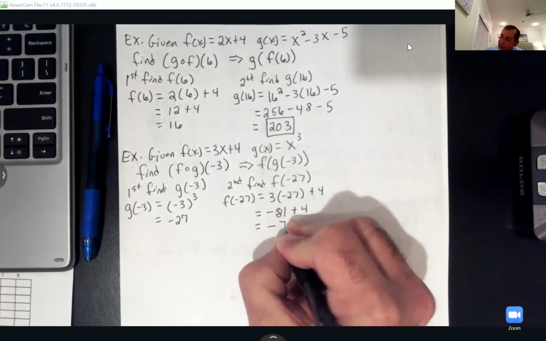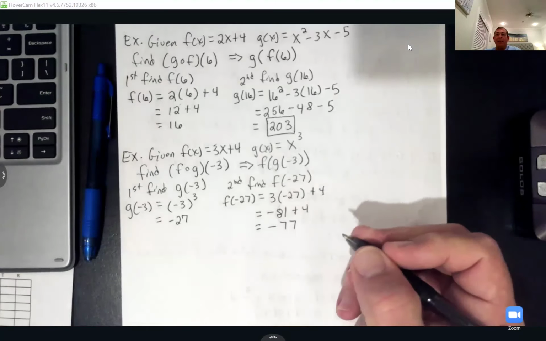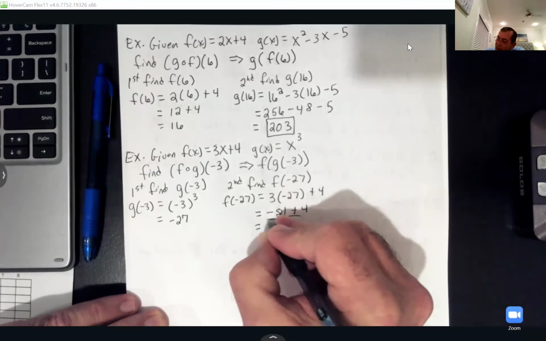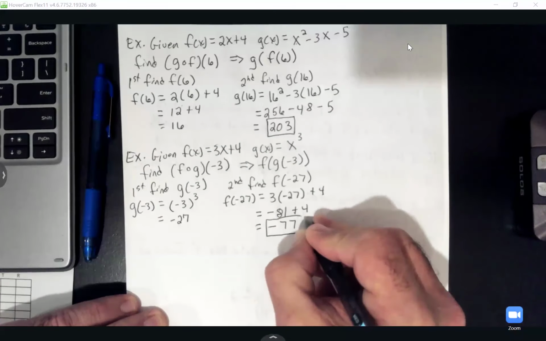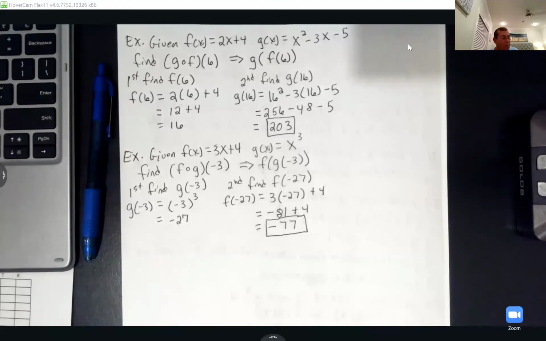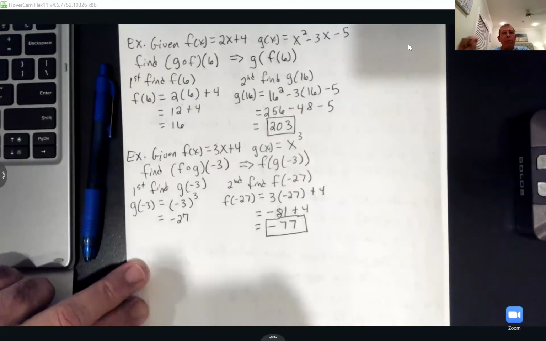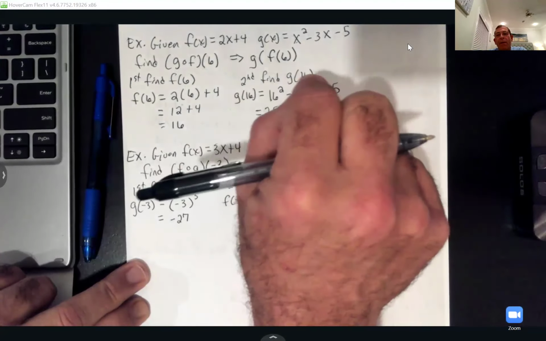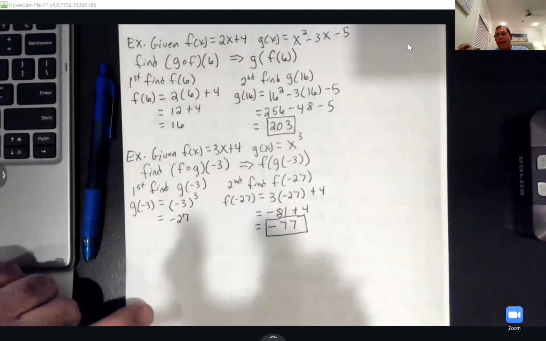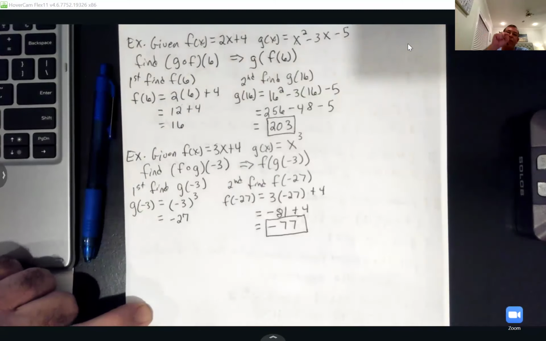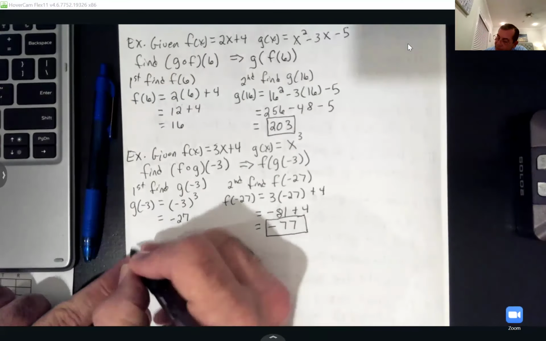A negative 77. 77. And y'all, that right there is the final answer for MATLAB. So y'all, these first 3 not bad. They'll give you a number, plug it into the function you need, take that answer, plug it into your other function.